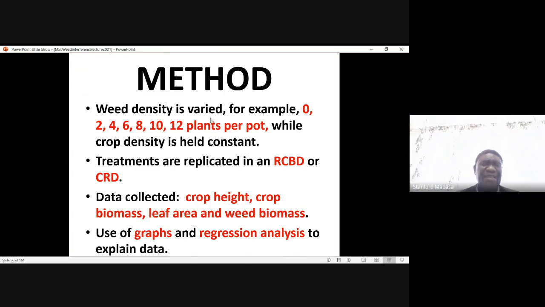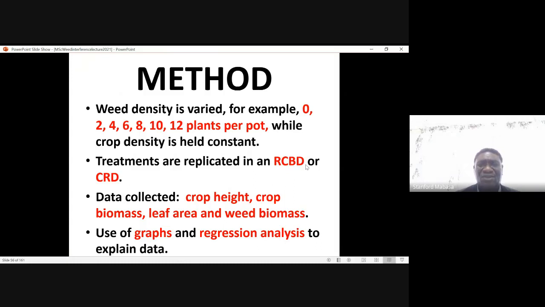And these treatments can be replicated either 4 times or 6 times. If it's a pot experiment, it may be better to have 6 replications. This would be in a randomized complete block design or RCBD.